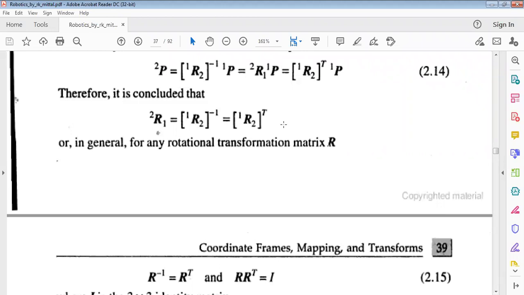So the product of R and R transpose is always the unit matrix. And the inverse of this rotational matrix is identical to the transpose of that R matrix, because the determinant of this rotation matrix is 1.